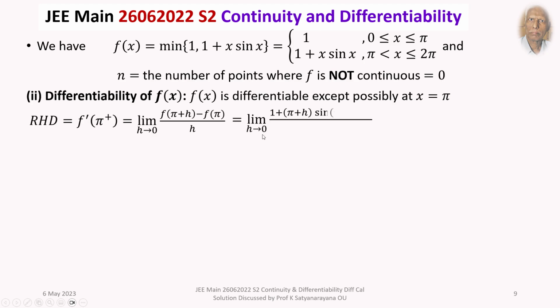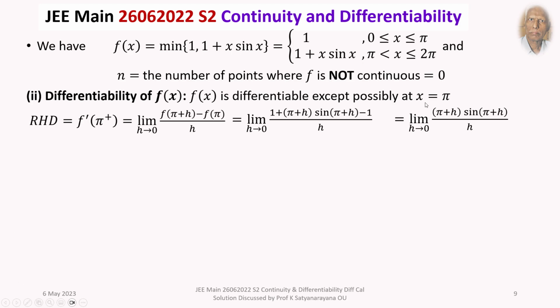So that is equal to the limit as h tends to 0 of 1 plus pi plus h into sine of pi plus h, minus f of pi, which is 1. So 1 cancels, and you will get the limit as h tends to 0 of pi plus h into sine of pi plus h by h.